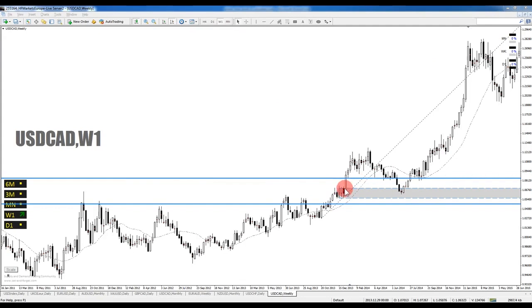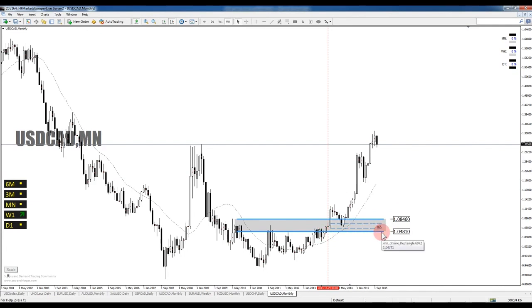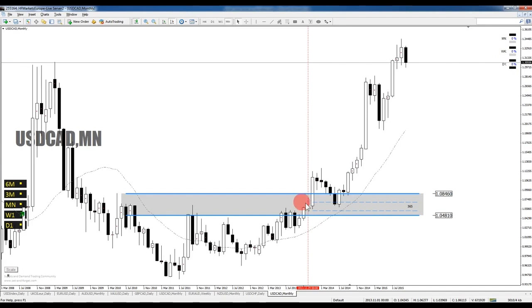That's a weekly area, but do we have a monthly area of demand there? Let's go and check it out. Vertical line, the B, monthly. What do you think happened there? This is the level that caused the break of this level, tested twice.